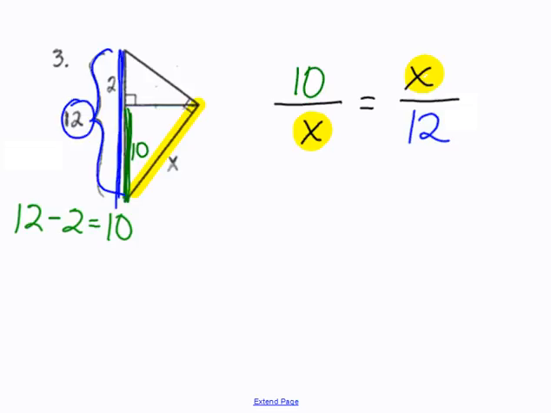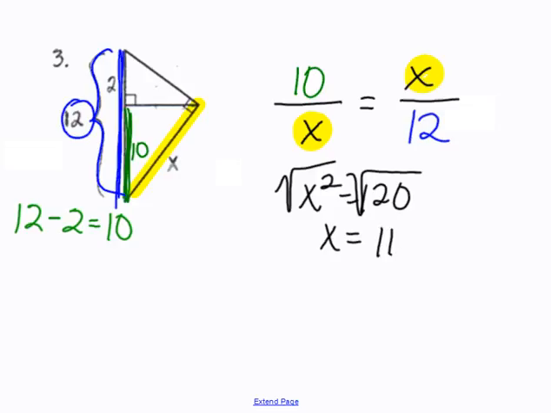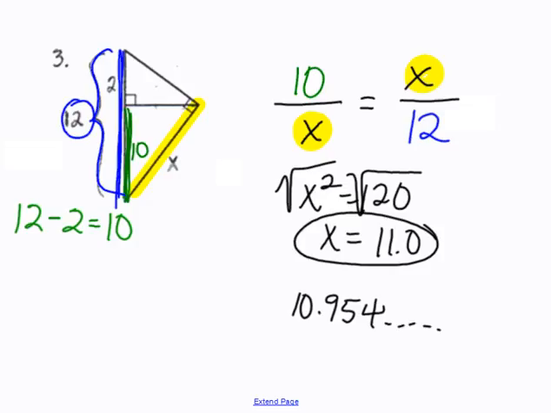All right, so to solve, x squared equals 120, square root, 10.954, and so on. Okay, so this is closest, because I'm going to round this up. So that's why it's 11.0.